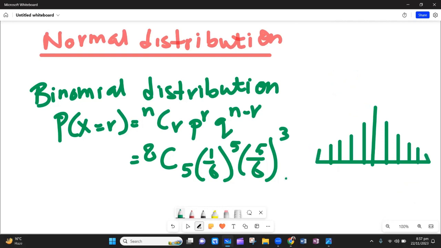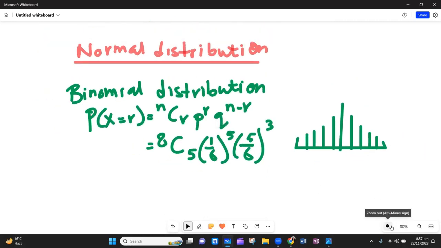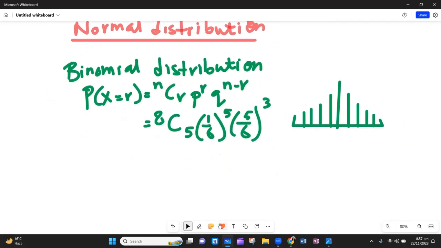Okay. Now, normal distribution is the continuous version of this distribution. This distribution is discrete. See, R could be 5, R could be 6, R could be 1, R cannot be 1.5. So normal distribution is actually the continuous version of binomial distribution.